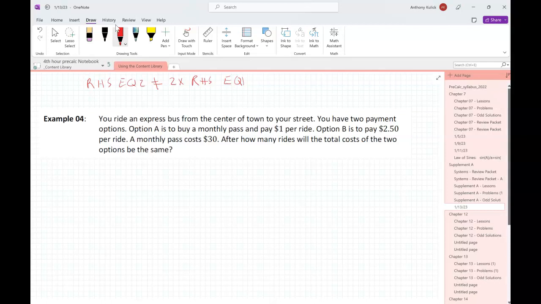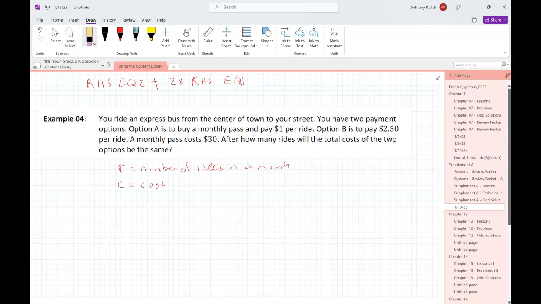All right. So in this situation, when I read this, I read two variables, two things that would be changing. The number of rides in a month, I'll use a variable R to represent, and then the cost, which I'll use C to represent. Everybody's okay with that? Let's define which one is our independent variable and which one's our dependent variable.